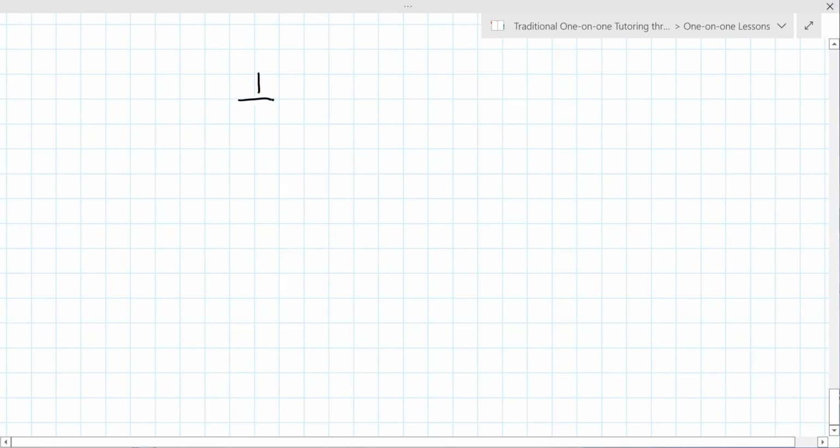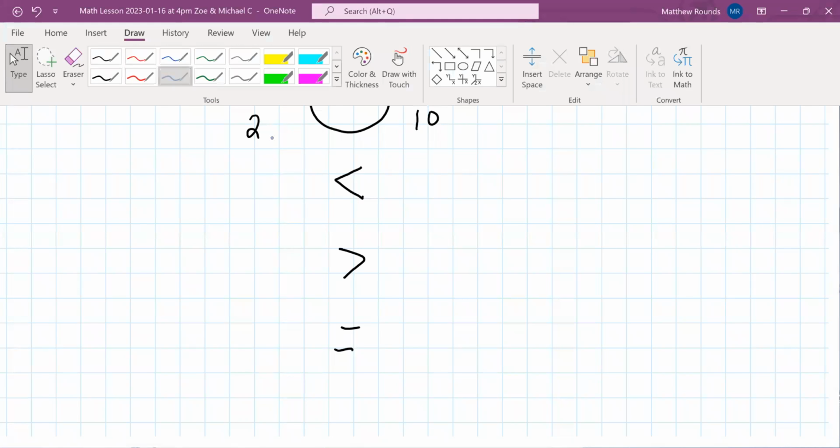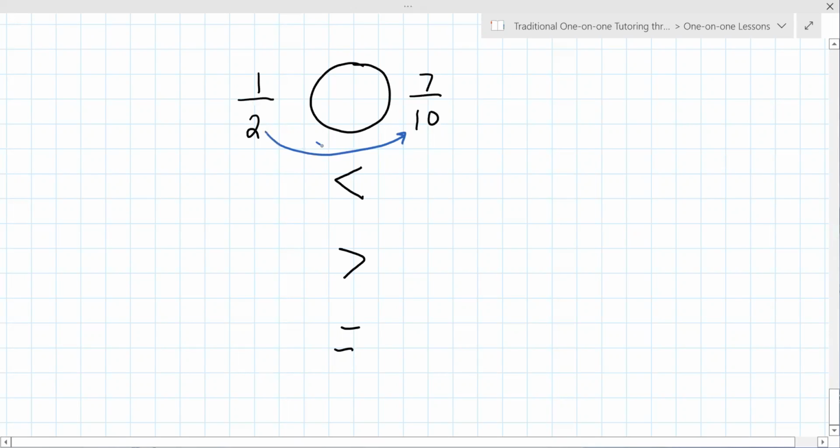So let's look at a few here. Let's say I wanted you to tell me 1/2 and 7/10, and I want to know whether what goes in here is a less than, greater than, or an equal to. Do you remember us doing a problem like this last time? Yeah. Okay. To do this, we have to figure out how to make one fraction bottom look like the other. How do you go from 2 to 10? What do you multiply by? 5.